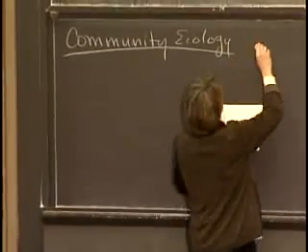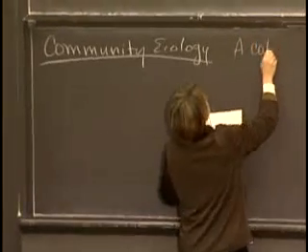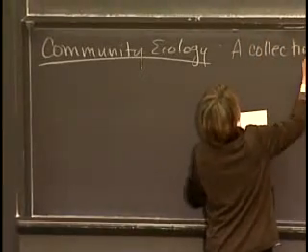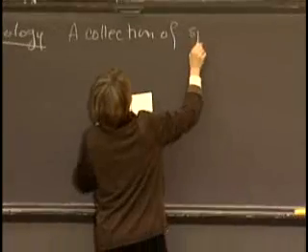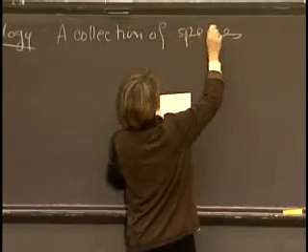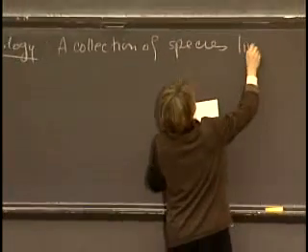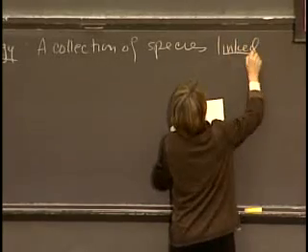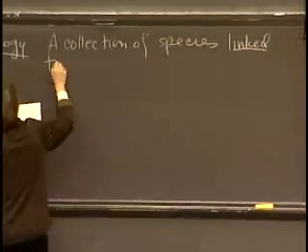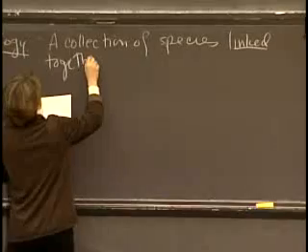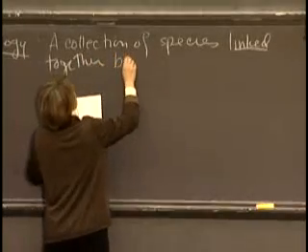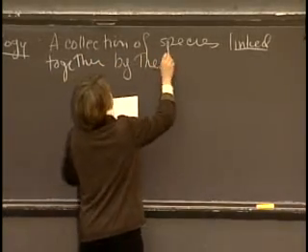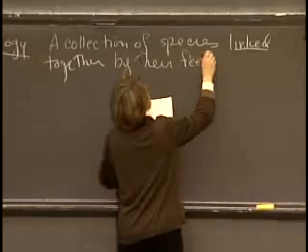One definition is that it's a collection of species that are linked together by their feeding relationships.